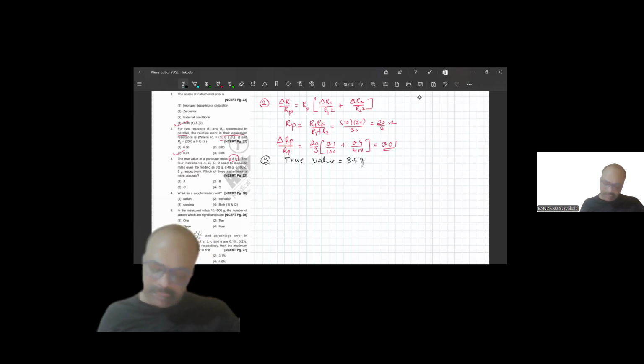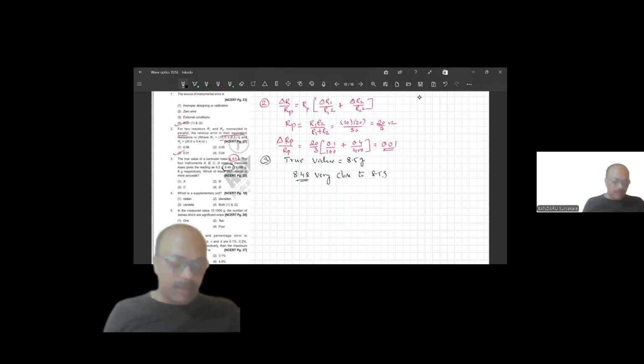The first reading is A, the second is B, the third is C. And if you see, this 8.48 is very close to 8.5 grams. So 8.48 is nothing but option 2. This is the correct answer.